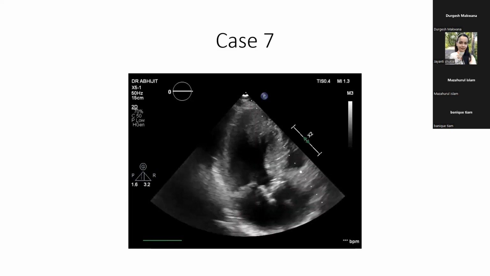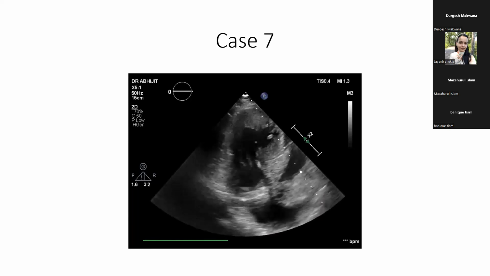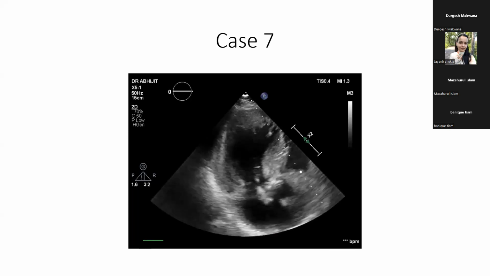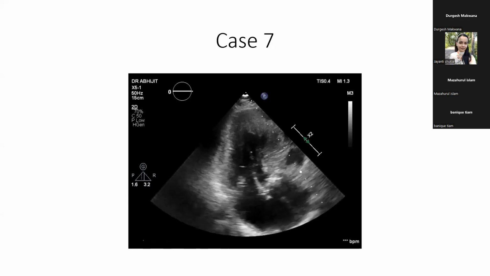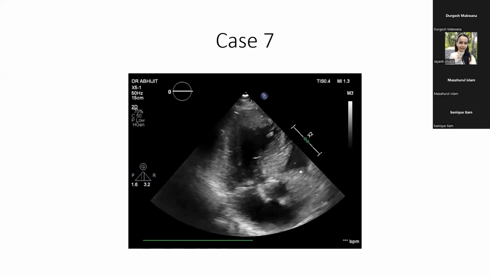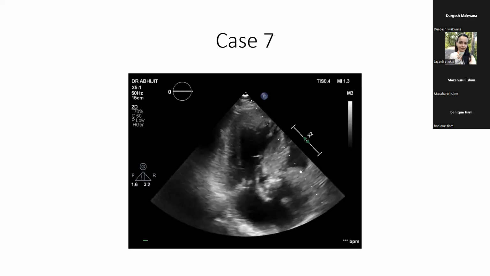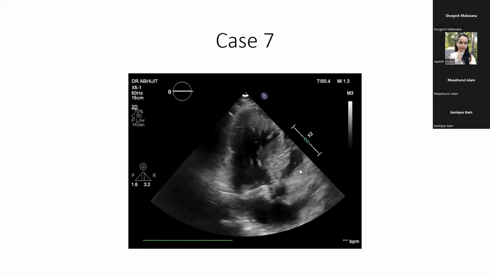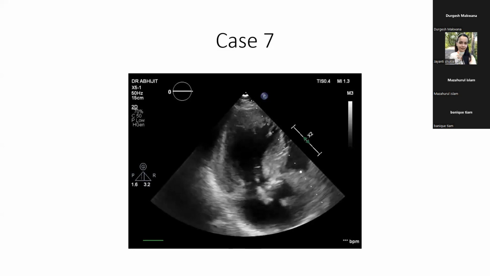Then we will measure the aortic valve area by continuity equation. If it is less than 1, then it is more likely severe aortic stenosis. If we fail to measure the aortic valve annulus, we can measure the dimensionless index. If it is less than 0.25, this also indicates severe aortic stenosis.